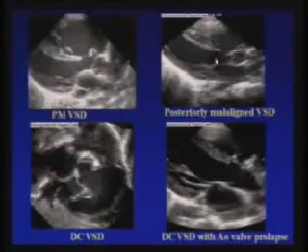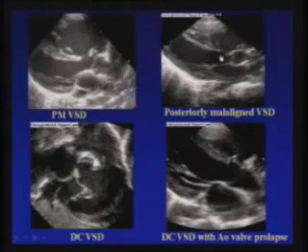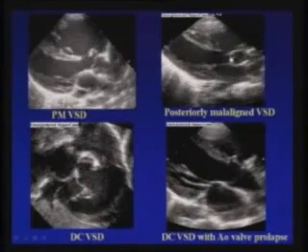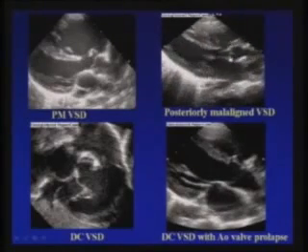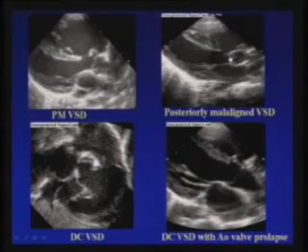Okay, it is very important to define this VSD. Here it is the usual perimembranous VSD, but if you look carefully, this part of the ventricular septum, the infundibular septum, is directed posteriorly. In this condition, there is a very high chance of arch interruption or coarctation of aorta, because during fetal life with this posterior malalignment, LV outflow decreases and the chances of having coarctation or interruption are very high.